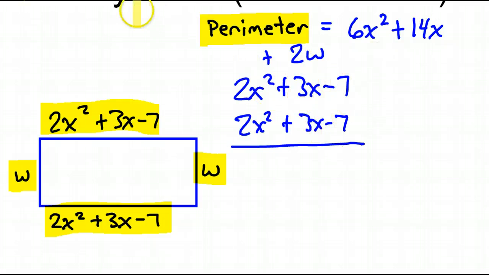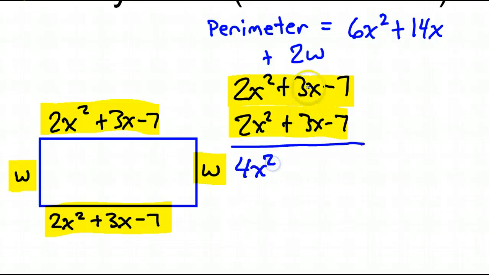Okay, so let's add all this up. But right now, I'm going to add these two up. And then I'll just stick the 2W on the end of it. Because these are all like terms, right? So 2x squared plus 2x squared, that's 4x squared. 3x plus 3x, that's 6x. Negative 7 plus negative 7, that's negative 14.